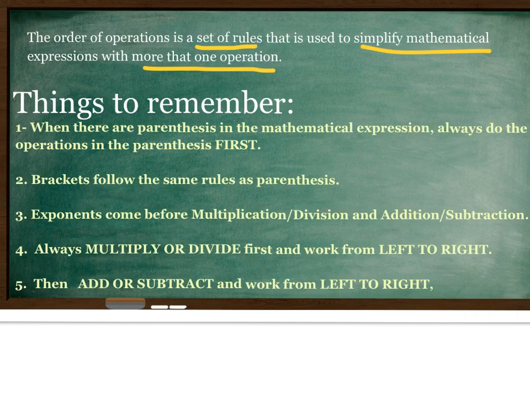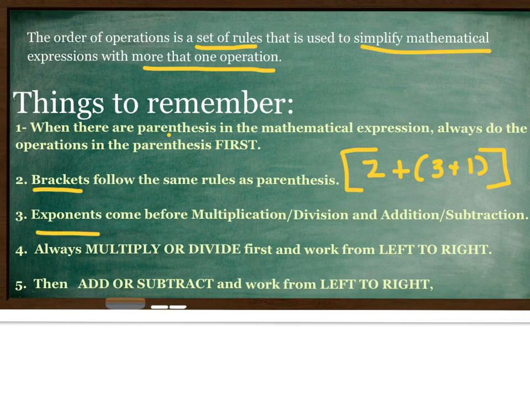Okay, so again, what you need to remember: do your parentheses first, and then brackets, you need to treat the same as parentheses. You may have a problem that looks like this, that may have 2 plus, and inside parentheses 3 plus 1. So you would solve what's inside the parentheses first, and then you would solve for the brackets.